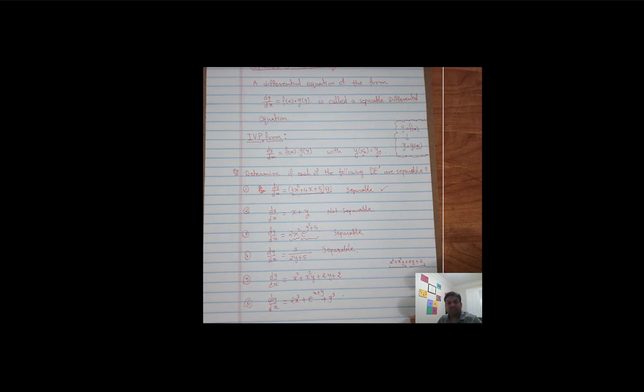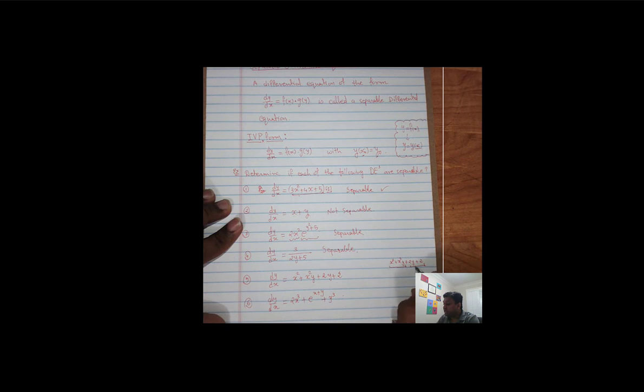I'm not saying that this is possible for every expression of this form, but at least we would like to try and check if that can be done. If that can be done, then we have a method to solve it. If that cannot be done, then we don't know if we have another method to solve it or not.